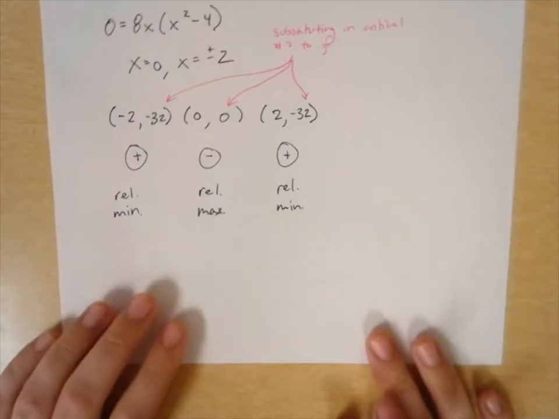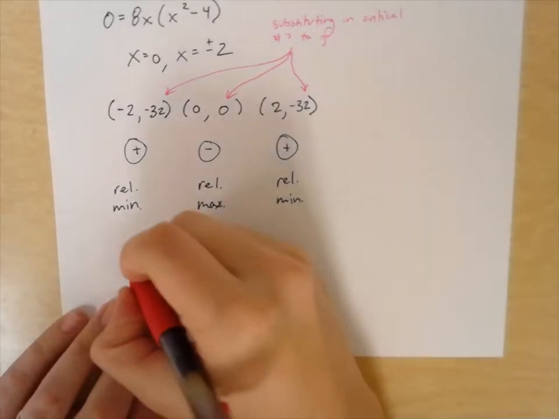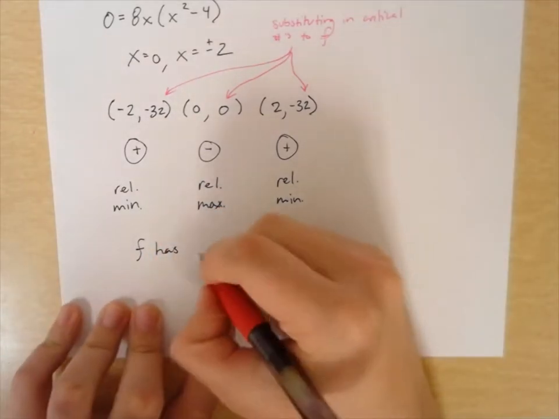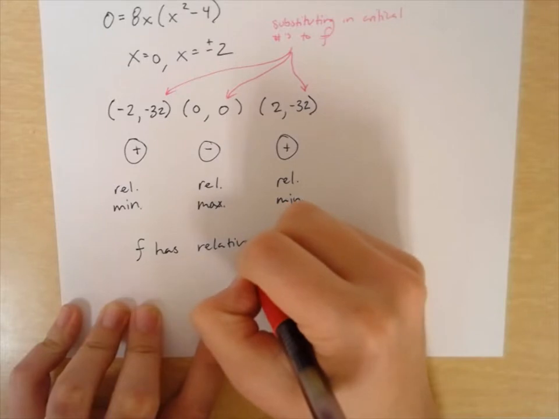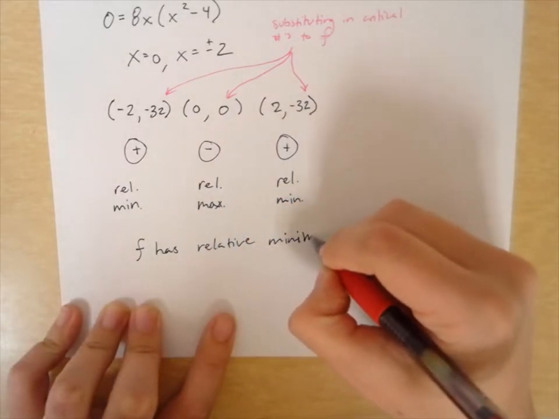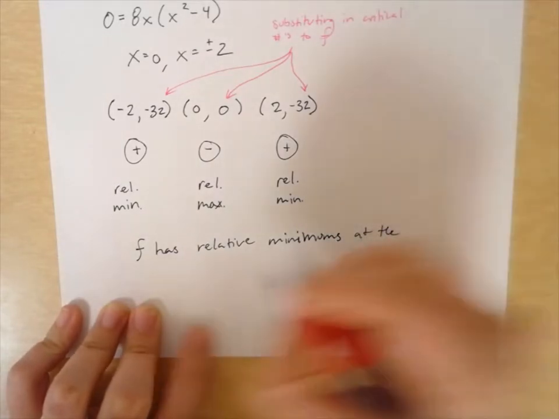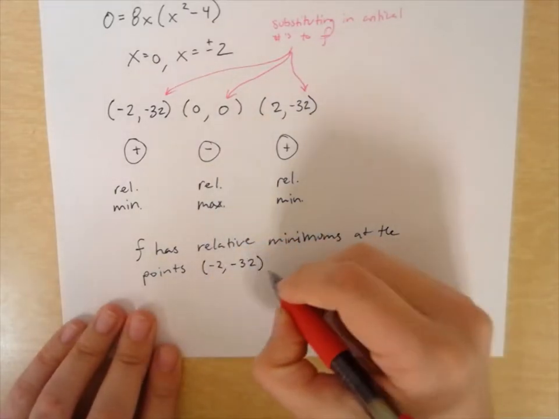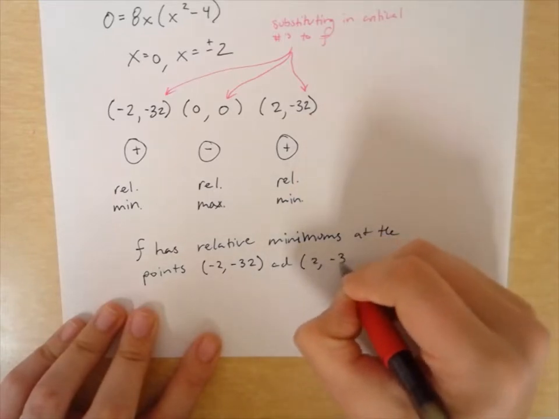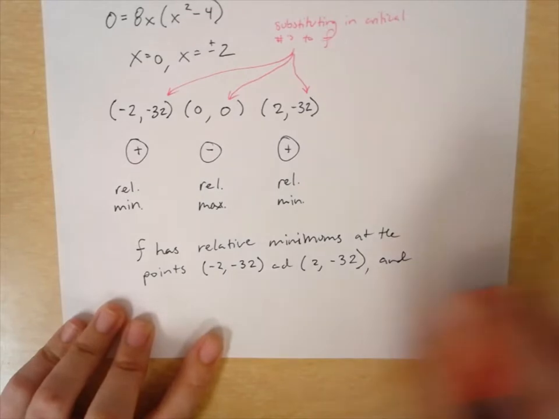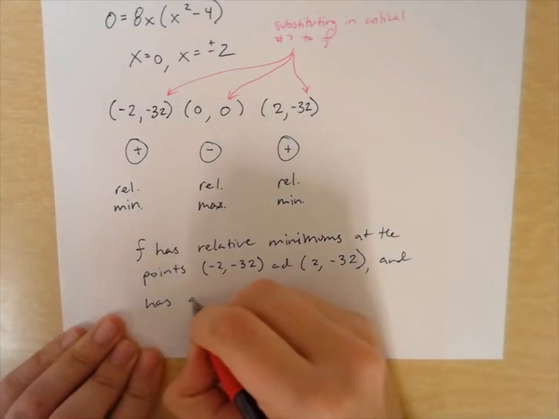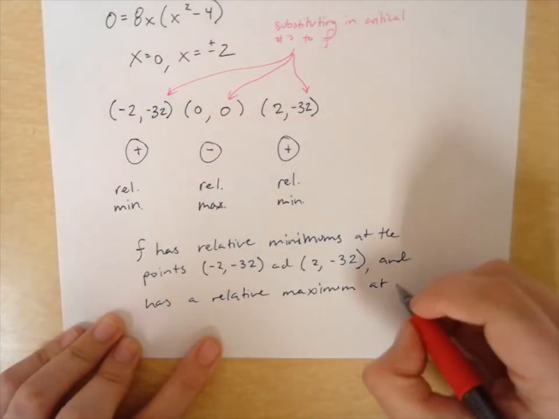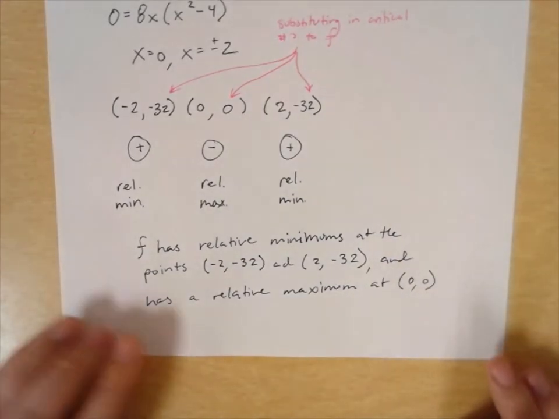So here's how I would report my answer. I would say that f has relative minimums at -2, -32, and 2, -32, and has a relative maximum at 0, 0.